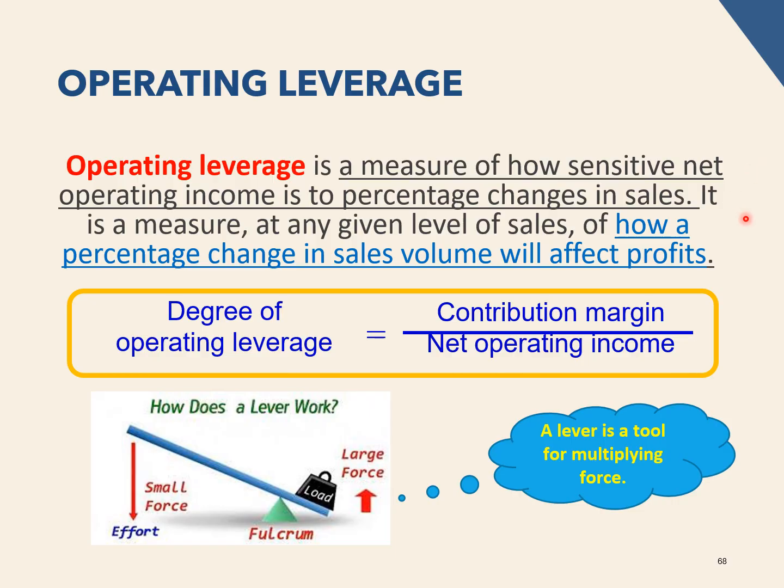It is a measure at any given level of sales of how a percentage change in sales volume will affect profits. Its formula is contribution margin divided by net operating income. Operating leverage tells you how much of a company's expenses are fixed versus variable. Higher operating leverage means that as sales grow, more of these sales trickle down into a company's operating income.